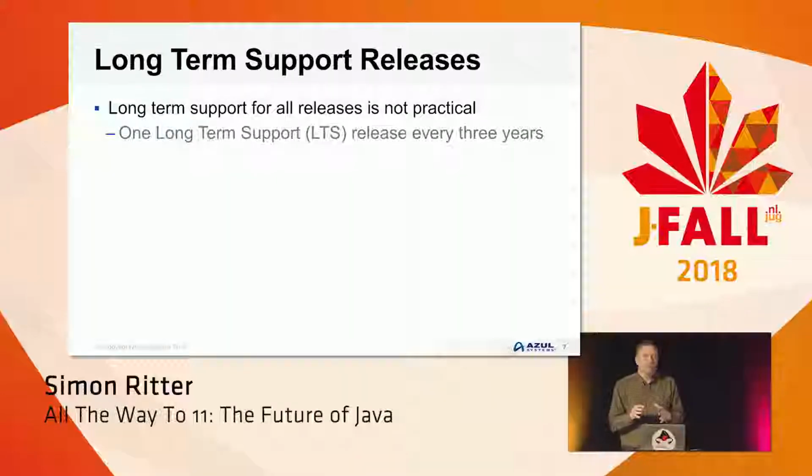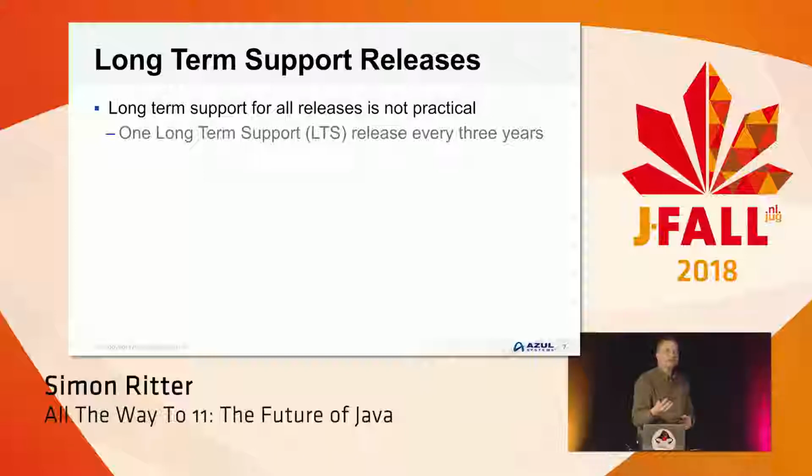The next thing that Oracle said was, because of the faster release cadence of the JDK, it wasn't going to be practical to have long-term support for all of these releases. If you've got a release every 6 months, after 3 or 4 years, you're going to have lots of different versions, and trying to provide updates to all of those is really going to be just too much work.